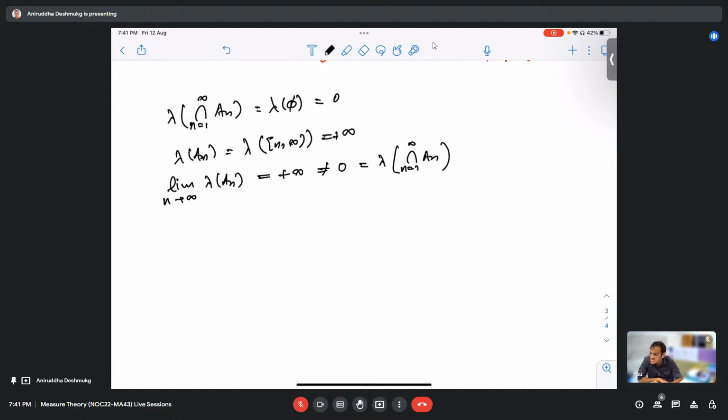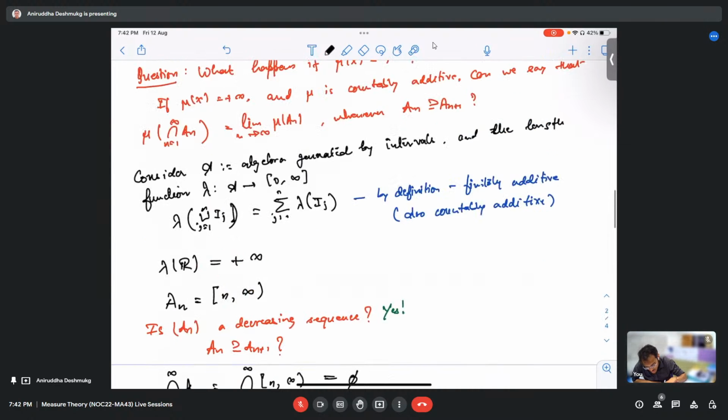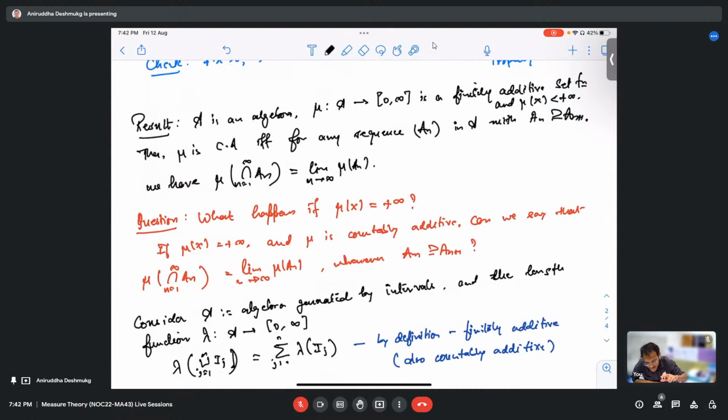Yes, sir, I understood. So this was one of the problems. This result is not true if mu of X is plus infinity. It is only true when mu of X is finite.